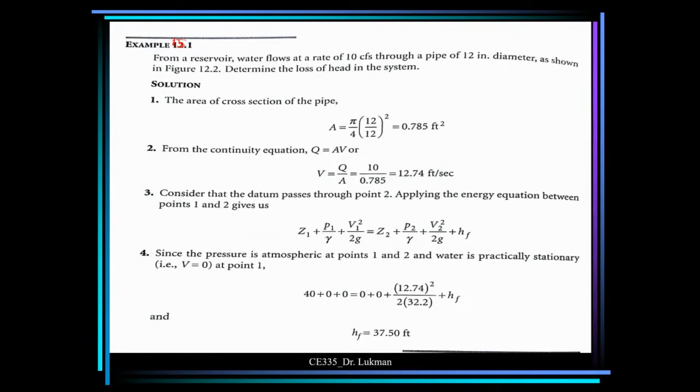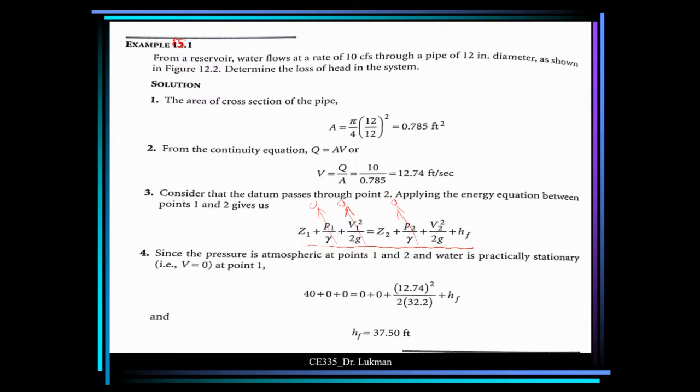The head loss in the system will be determined using the Bernoulli energy equation. We consider 2 points. Pressure is atmospheric, so 0. And we can neglect the initial velocity at the first point, because it's very small compared to the velocity in the pipe.